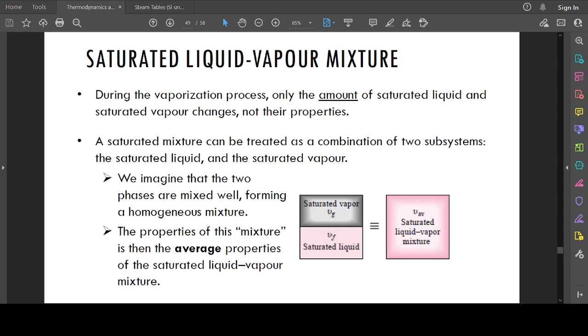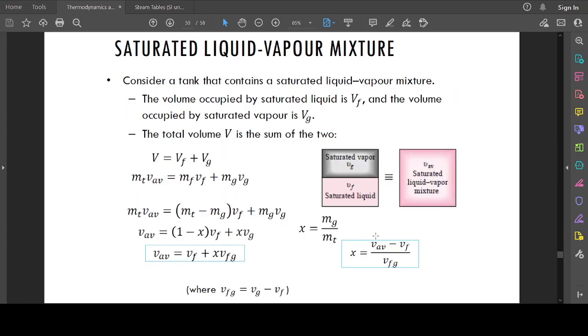The specific volume of this mixture is equivalent to the average of Vf and Vg combined, which is given as V_avg. So the avg here means the average specific volume for the two. That's what it is trying to explain.